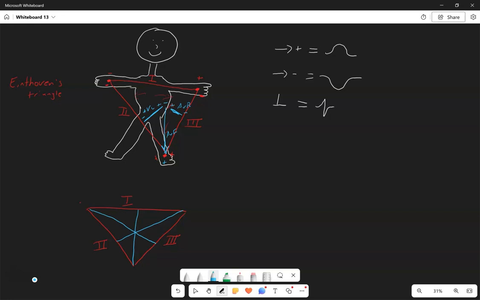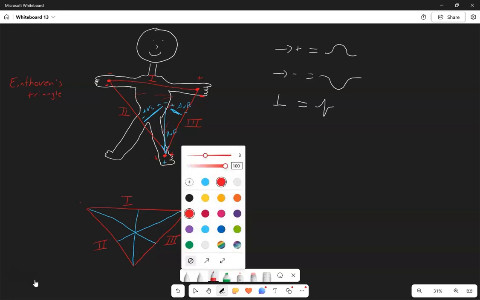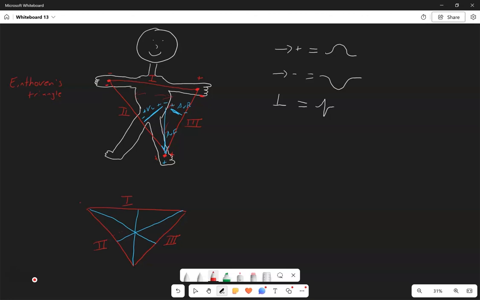Okay. Now I can take this lead 2, right, and I can slide it, because in vector math, everybody remember vector math from physics, this vector is the same as this vector, okay, which means that this vector is the same as this vector, as long as it has the same magnitude in the same direction.